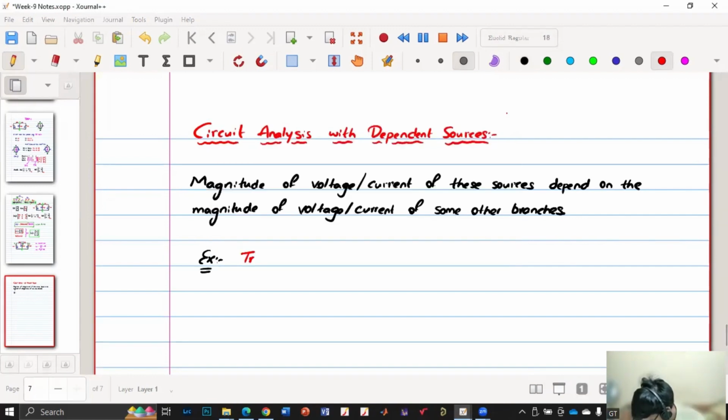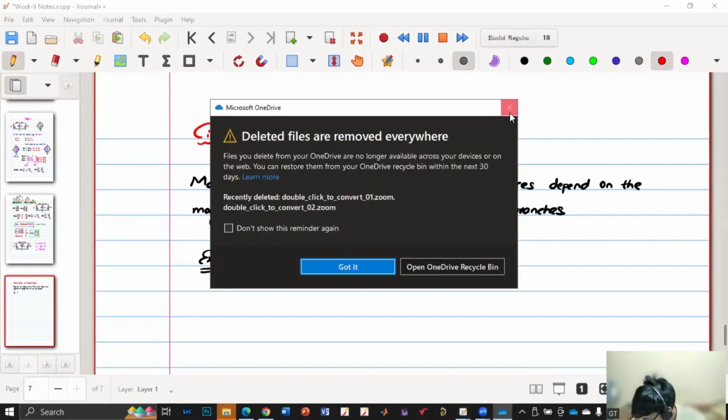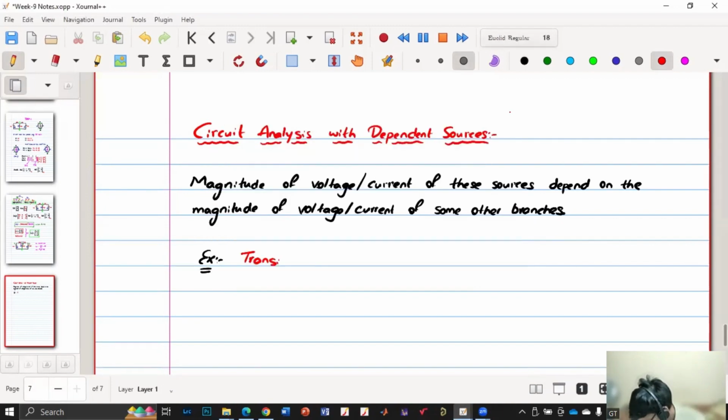Probably you might or might not have studied it, but I'll give a brief understanding. Also, in two mutually coupled coils, the voltage induced in one coil is a function of the current in the other coil. So the magnitude of the voltage of that element is dependent on the magnitude of the current in the other coil.